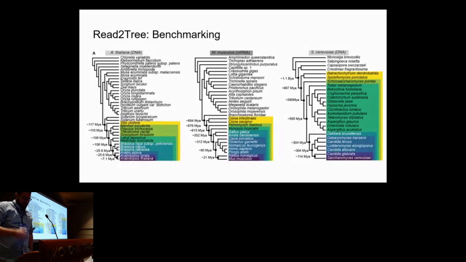So as you can see here, in the case of Arabidopsis, we simulated up to 117 million years of evolutionary distance by not providing these closest ancestor sequences. For Mus musculus, up to 600 million years, and for yeast, even up to 1.1 billion years, which is an astonishing evolutionary distance, I think.